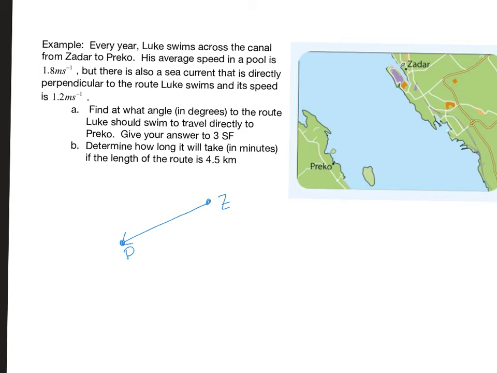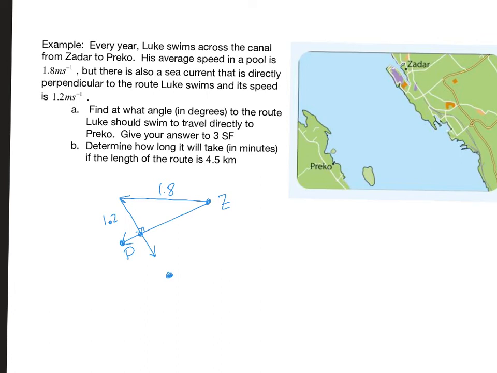However, there's a current going in this direction that is perpendicular to the way he's going to swim. So he's not going to actually swim straight across because he'd end up over here somewhere. He's going to have to swim this way, at his rate of 1.8 versus this rate of 1.2, in order to end up over here where he needs to be, if that makes sense.